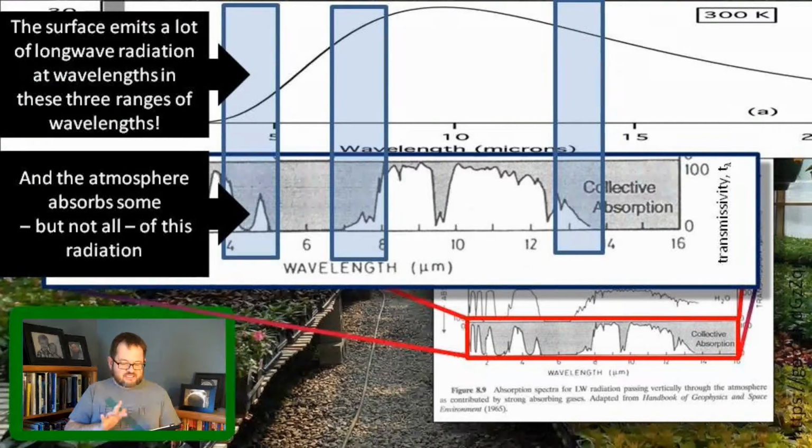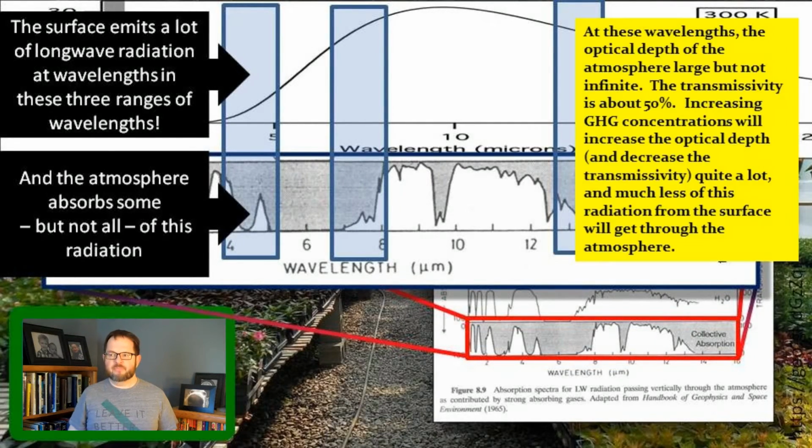On the other hand, if we continue going, remember how there were some parts of the electromagnetic spectrum, somewhere near 4 microns, somewhere near 7 microns, and somewhere near 14 microns, where the Earth, looking at the top panel there, certainly does emit radiation at those wavelengths, and at the concentrations of greenhouse gases we have in the Earth's atmosphere now, we absorb some, but not all of that radiation. We absorb, let's just say, 50% of it. We have an optical depth of somewhere in the ballpark of 1 for those wavelengths.